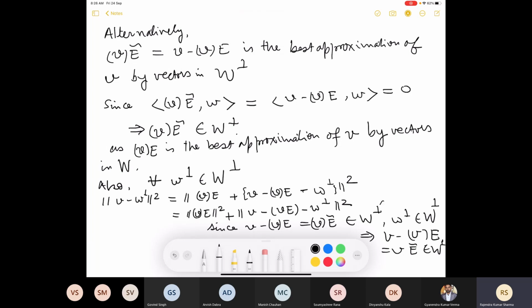This is what it is. I have written it twice, so this is not required. This I have already written here.